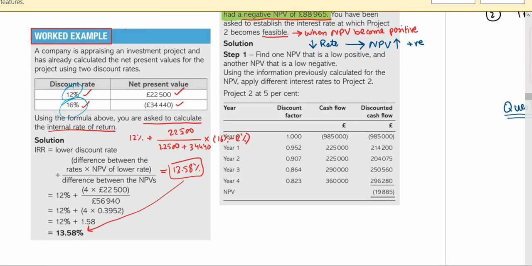For project 2, for example, the discount rate is 5%. When we use 5% as the discount rate, the NPV is negative. So how can we convert this negative into positive? By decreasing this rate.